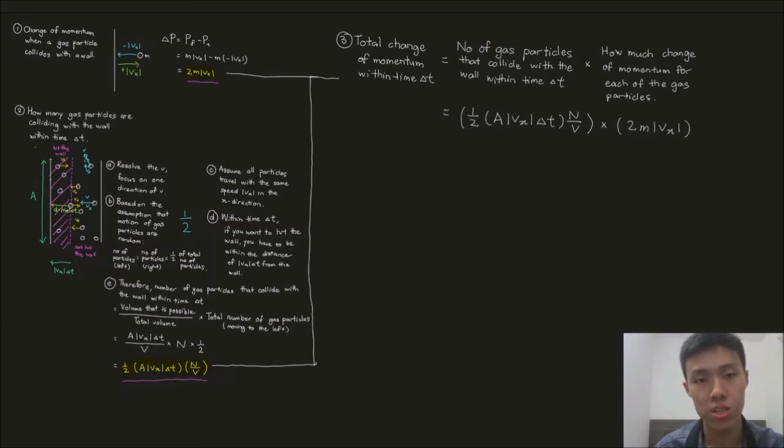If you multiply these two things together, the half and the 2 will cancel to become 1. And what's interesting is there's 2Vx here, so you get Vx squared.